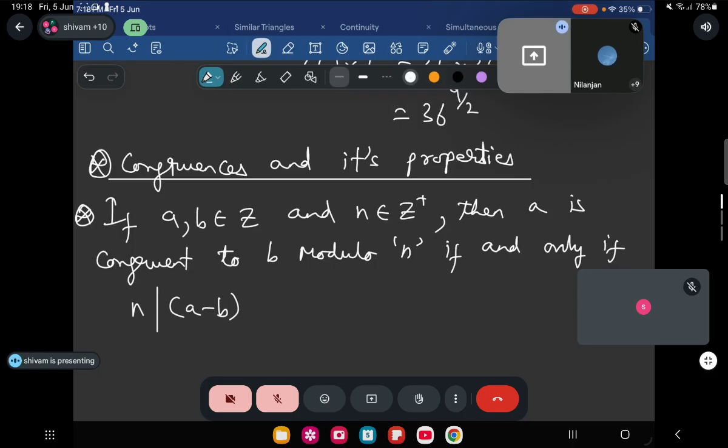Means that number n will divide the difference of the numbers. Okay, modulo means mod n.